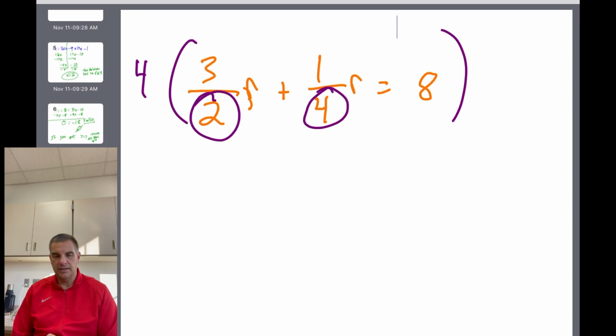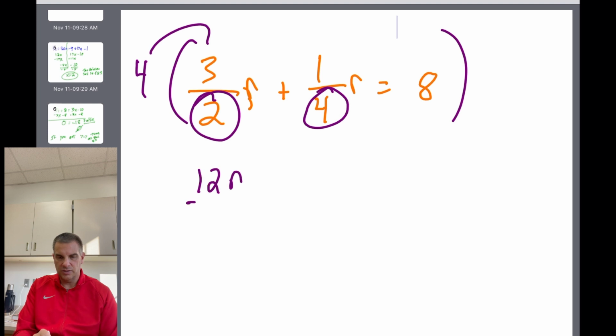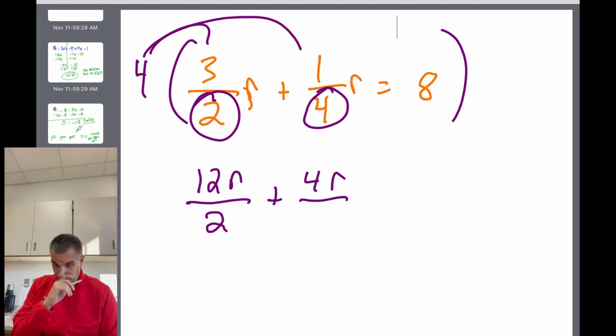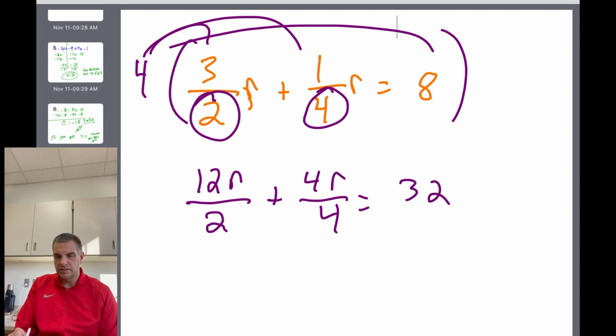When I do that, I'm taking 4 times 3. So 4 times 3 is 12. That gives me 12r over 2. Plus, I also have to take this, so this gives me 4r over 4, is equal to 4 times 8, which is 32.